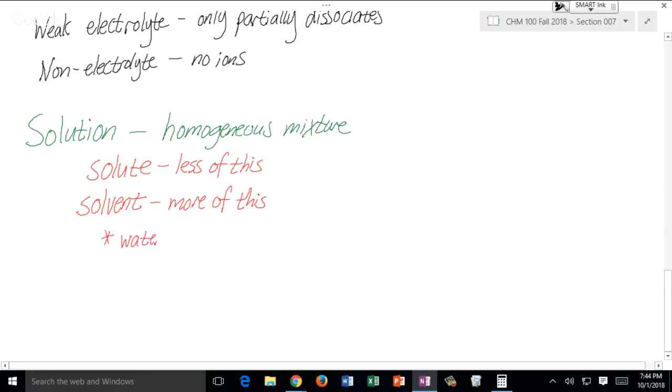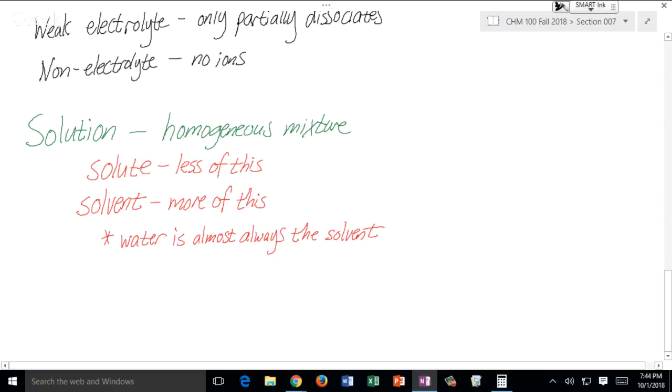With the exception that water is almost always the solvent, even when there is less of it. So I'm defining that very generally because solutions can be a lot of different things.